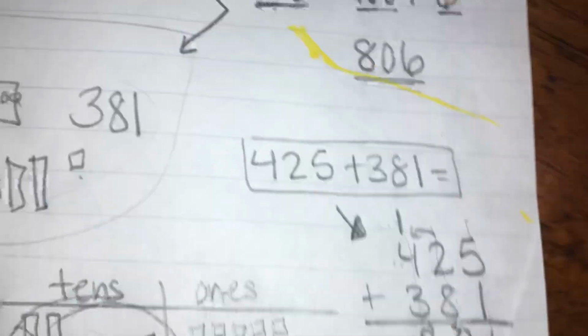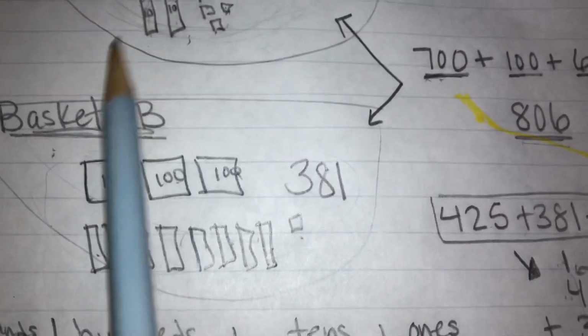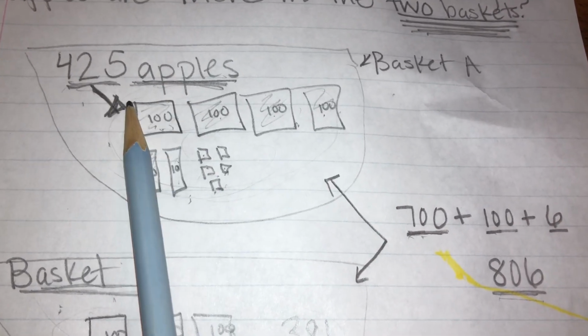Okay, which is this. They used models of hundreds, tens, and ones to represent the number of apples in each basket.